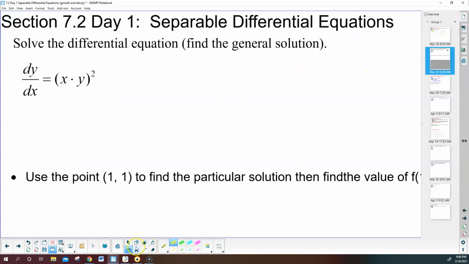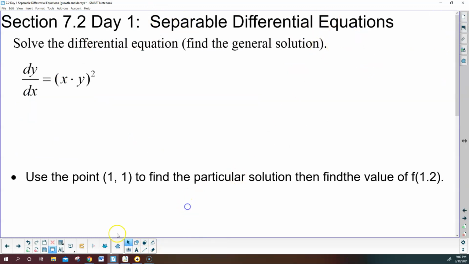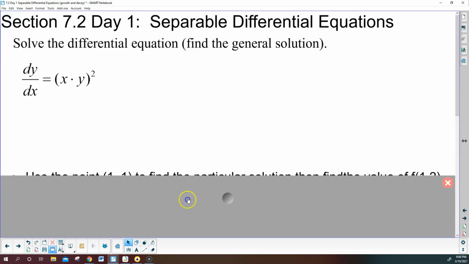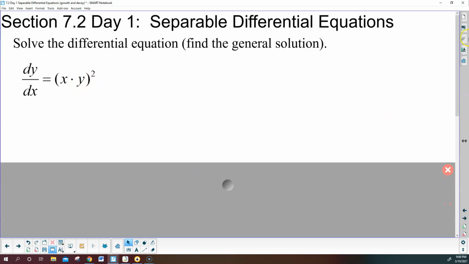All right, we're going to jump into something called separable differential equations. It's a spin-off of what we did the other day. So I want you to be aware of this, and notice one of the issues we have here. The directions just say find the general solution. Well, the problem is I have an x and a y on the same side.